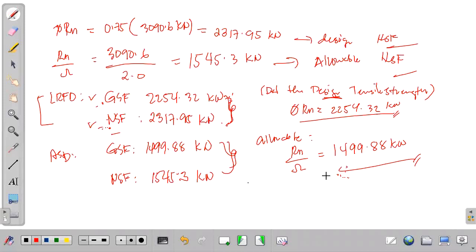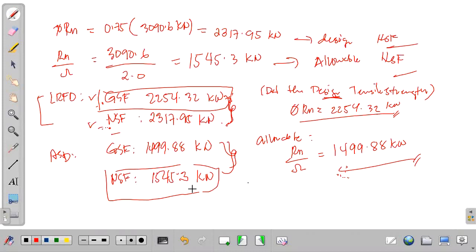Okay? So pagka ang tinatanong is you have to determine the design tensile strength against gross section yielding, so your answer is 2254. Pagka ang tanong is you have to determine the allowable tensile strength against fracture, ang sagot ninyo is 1545.3 kilonewton.